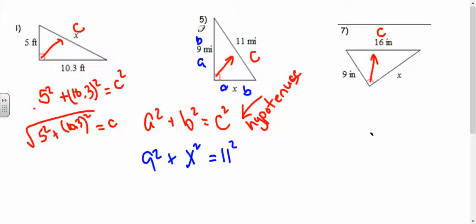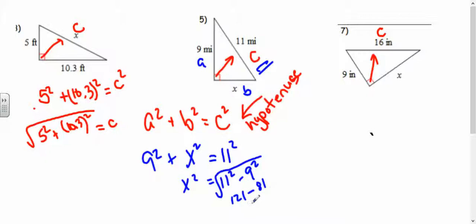The labels of the legs don't matter. You just have to always remember that the hypotenuse is the c value. So in this case, then, we would get 11 squared minus 9 squared, and we would find the square root of that. So that's 121 minus 81. So I'm thinking that's the square root of 40.